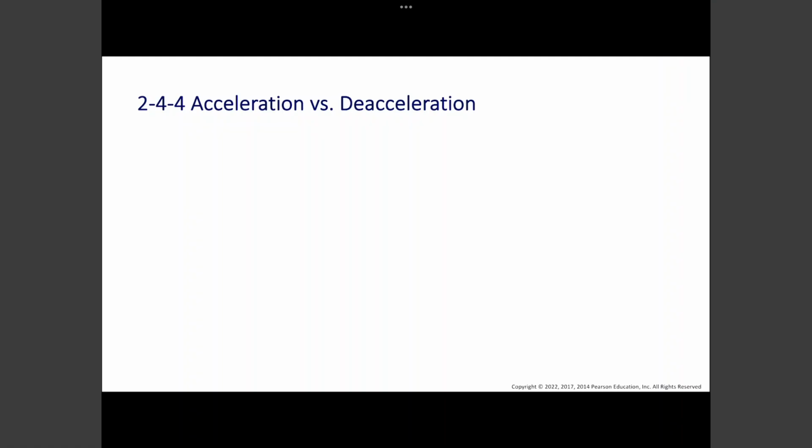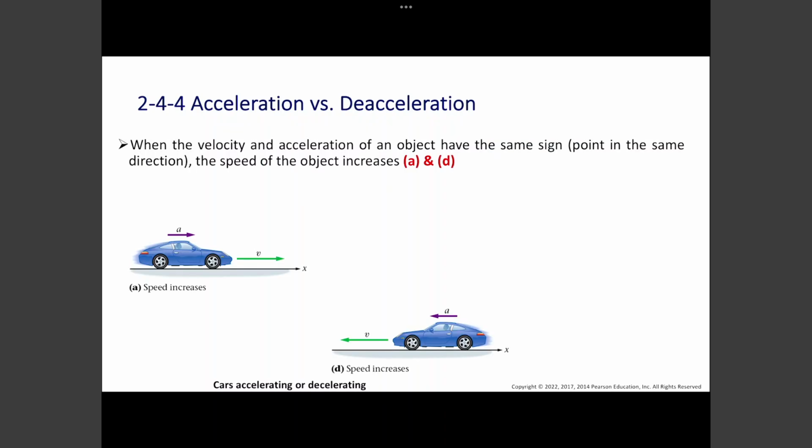So in one dimension, velocities and accelerations are either positive or negative, depending on whether they point in the positive or negative direction of the coordinate system chosen. When the velocity and acceleration of an object have the same sign, that means they are both pointing in the same direction.